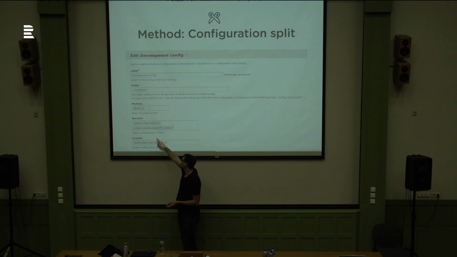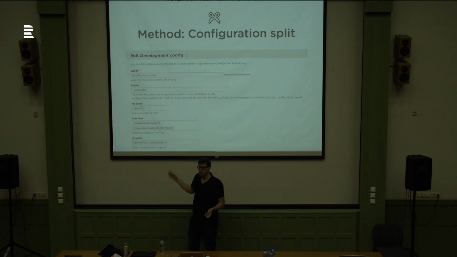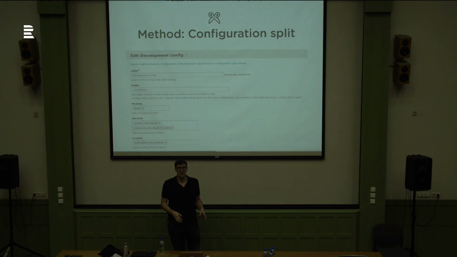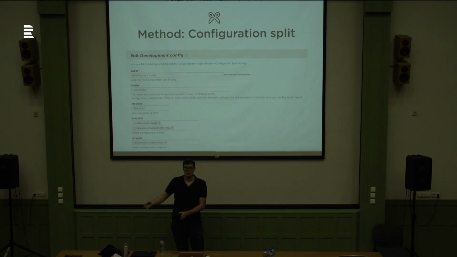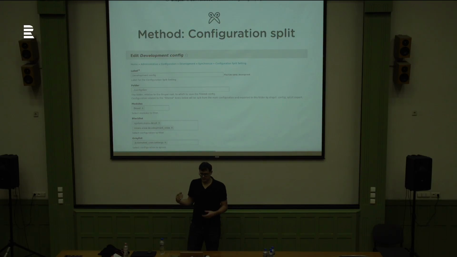And we can also have, for example, a development view that we just want to keep for ourselves. And the gray list here is for the cron settings. The cron settings, obviously, we want to have there. But this one, we have our own development cron settings. And with this, it's not a runtime override, but a config import override.